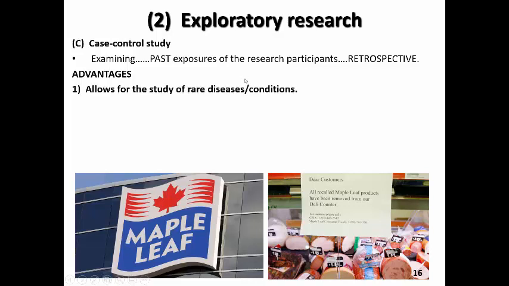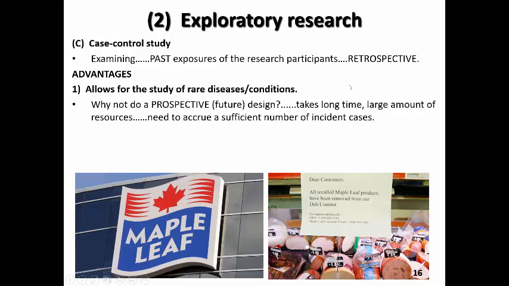This approach allows for the study of rare diseases or rare conditions, and so we might think, well, why not do a prospective design? Why not incorporate a research design that's longitudinal and moves in the future?